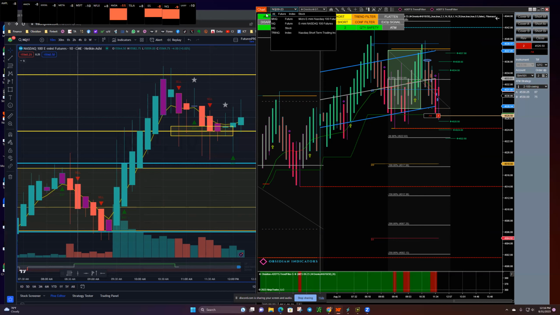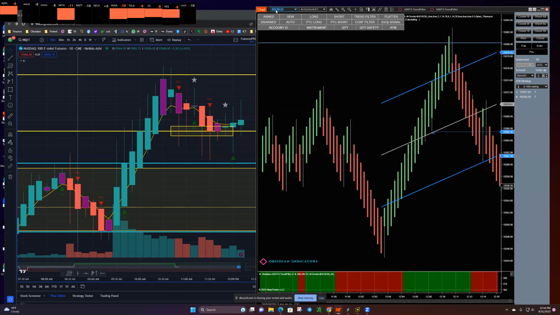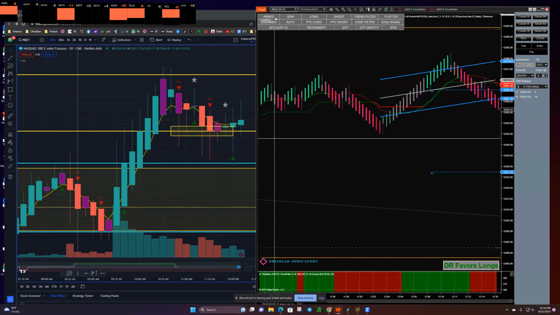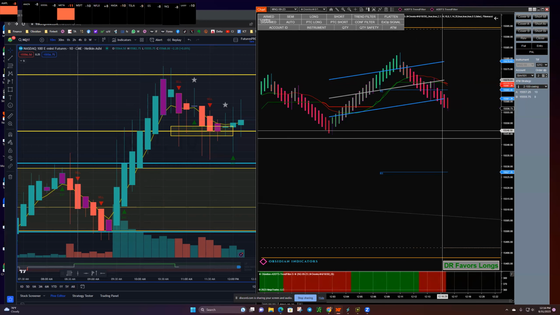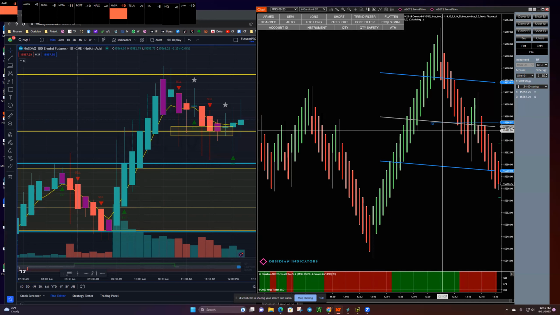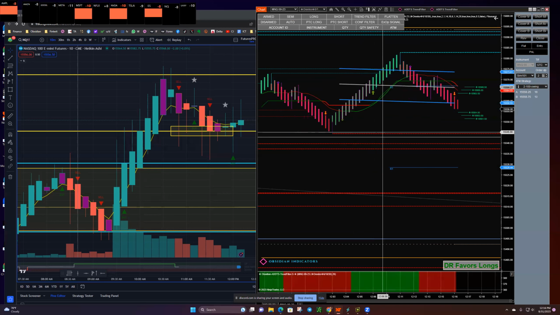I like NASDAQ because of its faster movement. Actually, you can do NASDAQ and do micros to keep your heart rate low and not get a heart attack. But it is going down.